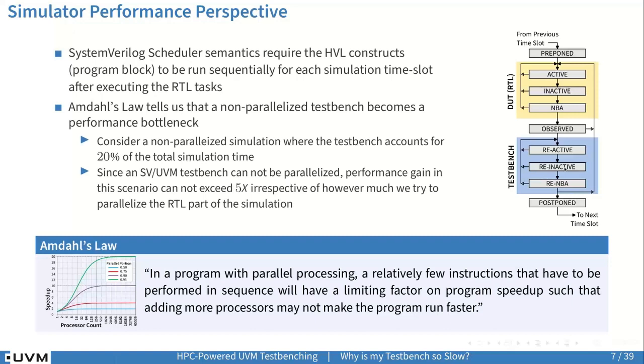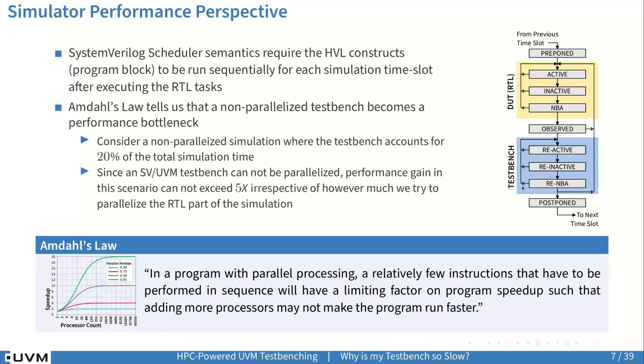So you'll have RTL events, and then later on you will have testbench events. If you make RTL simulation multi-core enabled, even if you are running say 32 parallel threads, the testbench is going to be a bottleneck because it is not multi-core enabled.